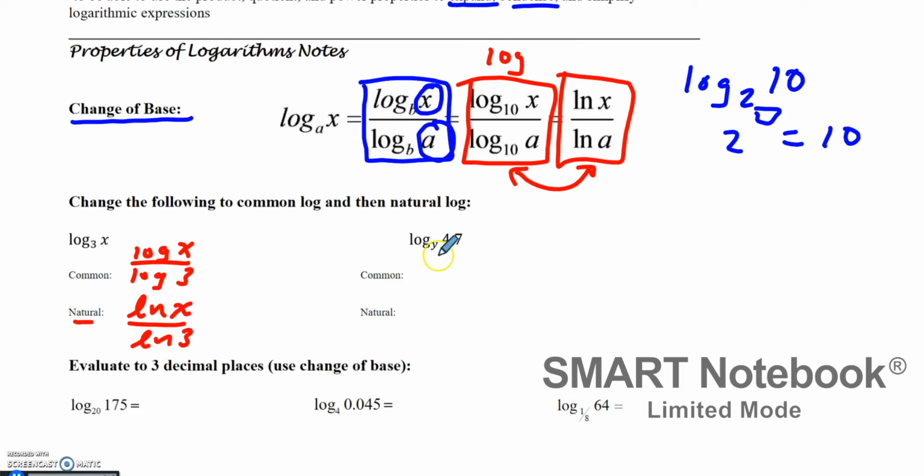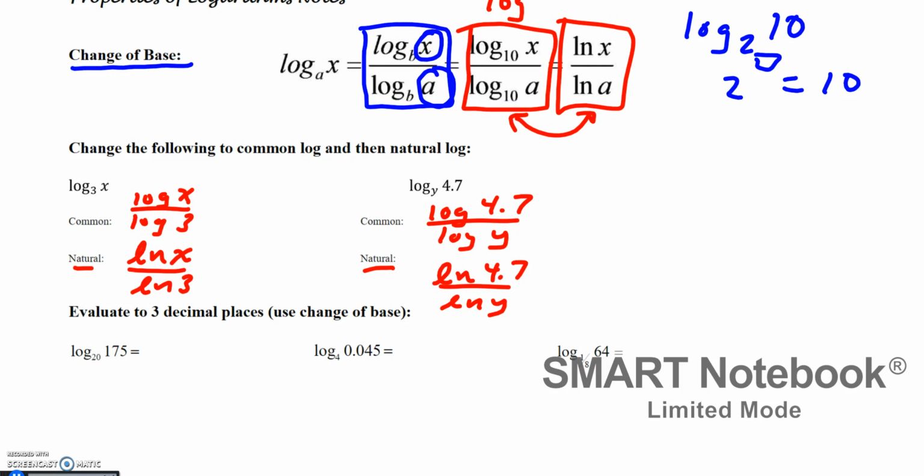In this example, it would be the log base 10 of 4.7 over the log base 10 of the base y. Or if you'd prefer natural log, it would be ln of 4.7 over ln of y. So what I mean by interchangeable is literally you get the same answer from this and from this. It just depends on which one you like to work with more.